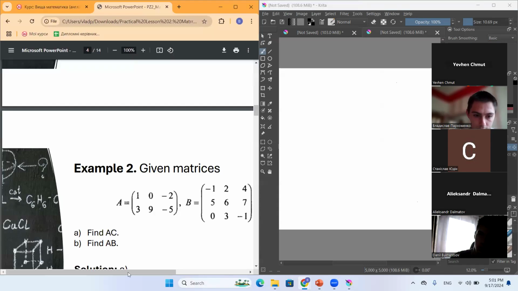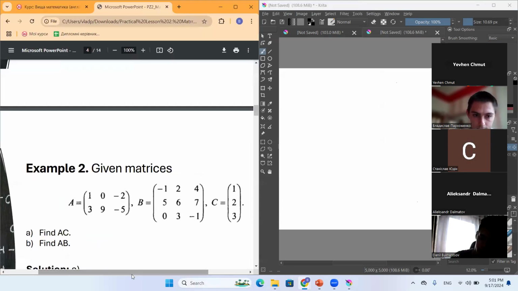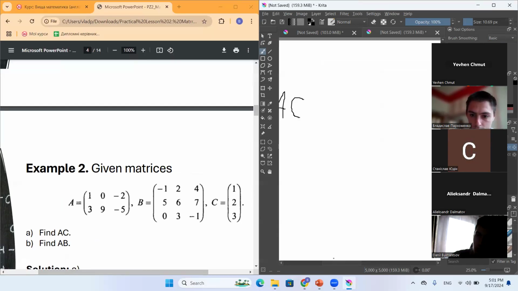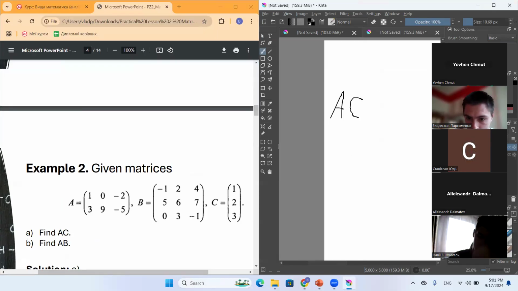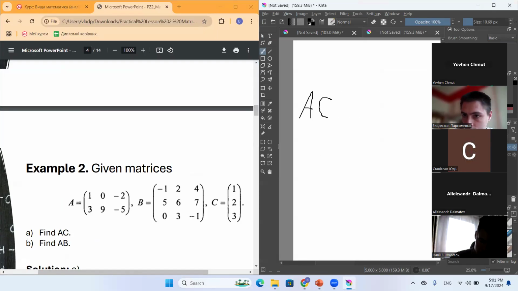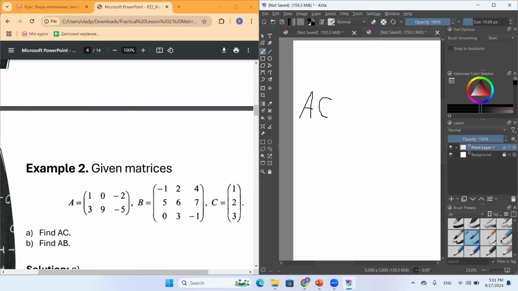Okay, so multiplying A by C. Now, let me zoom just to see it better.